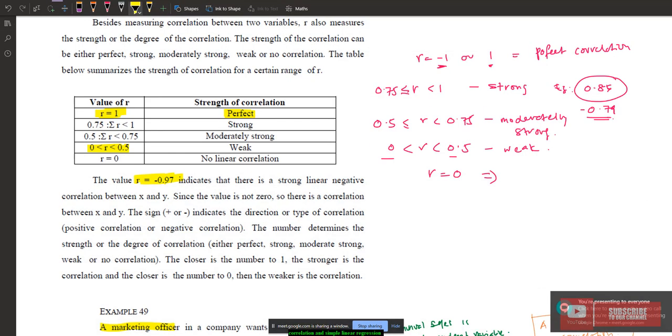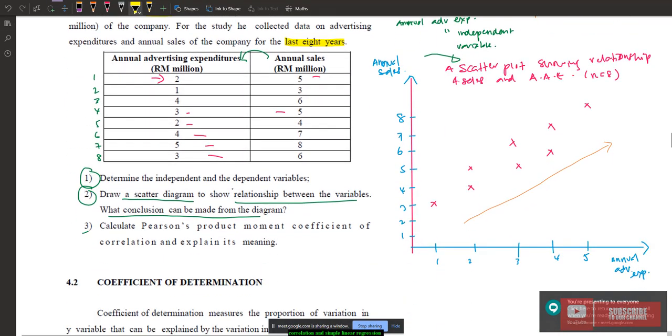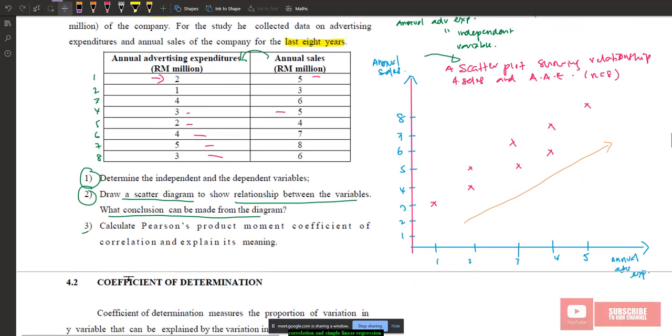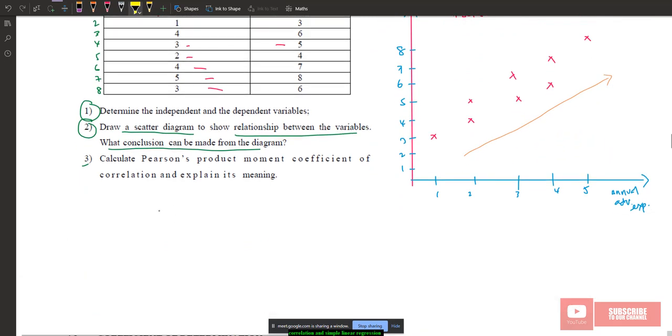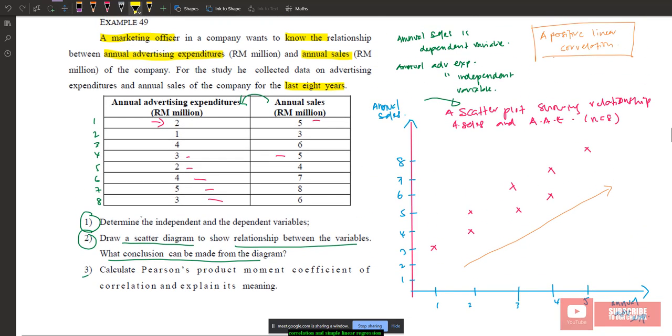Alright, good. So now let's look at example number 49. We try to calculate the Pearson product moment coefficient of correlation, and we're going to explain the meaning. In this example, we want to do question number 3.